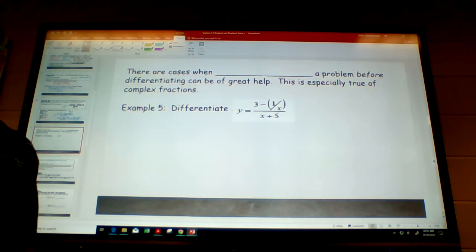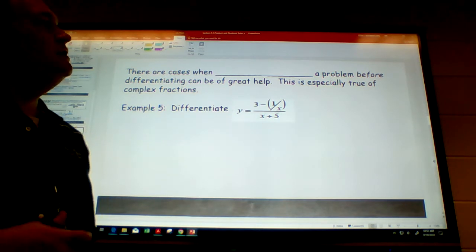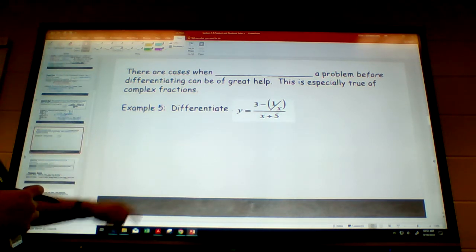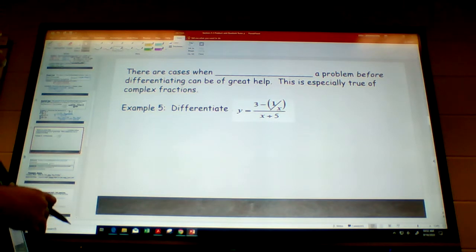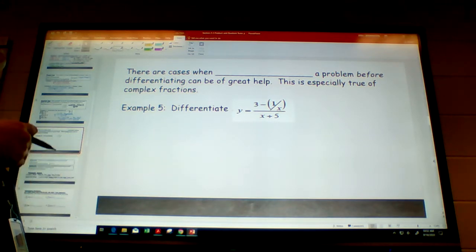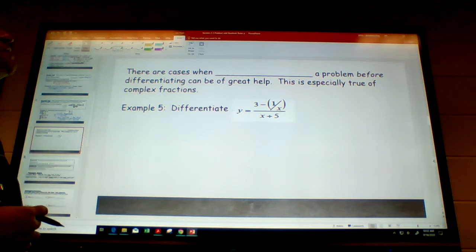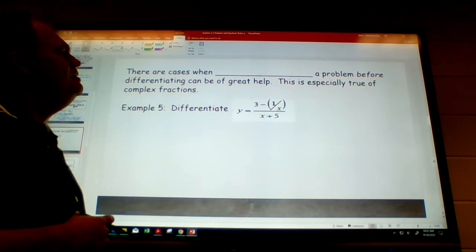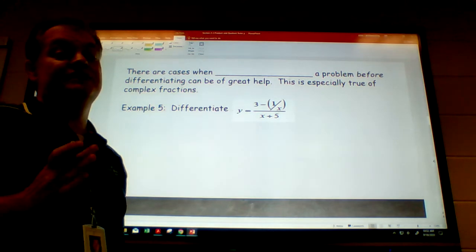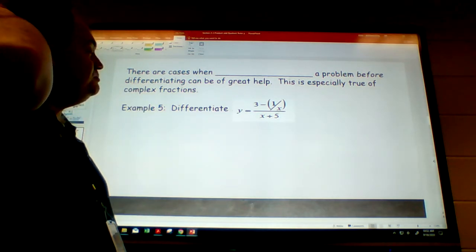Okay. Now, for the next one, there are going to be cases when you have a problem where you have to rearrange it or make it a little bit easier to work with. So I have 3 minus 1 over x, now that looks hideous, all over x plus 5.